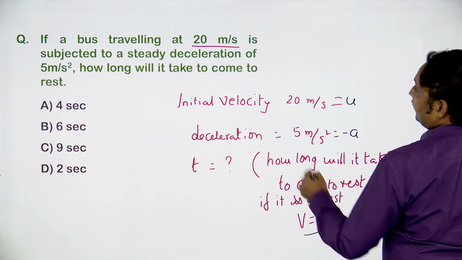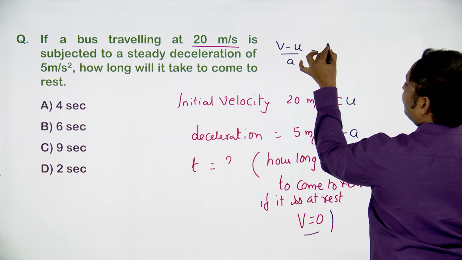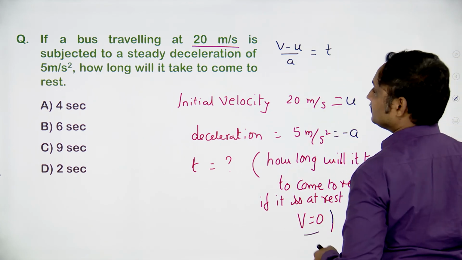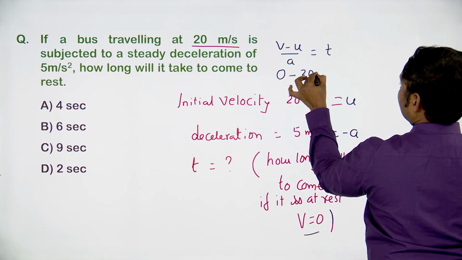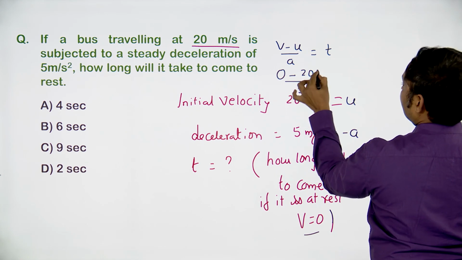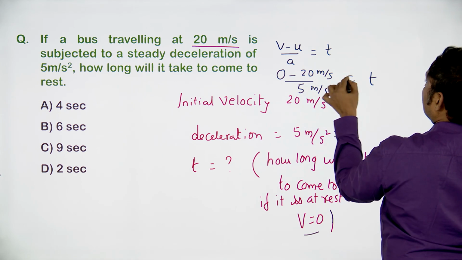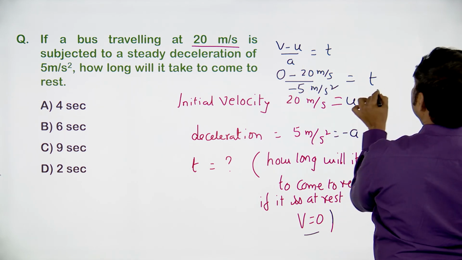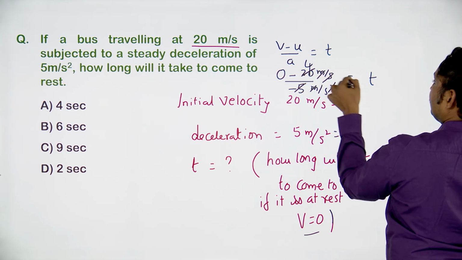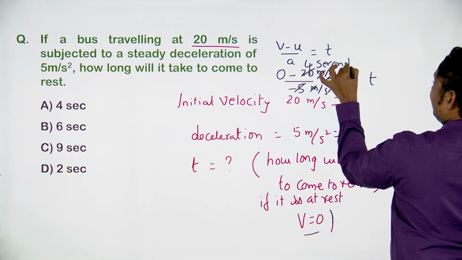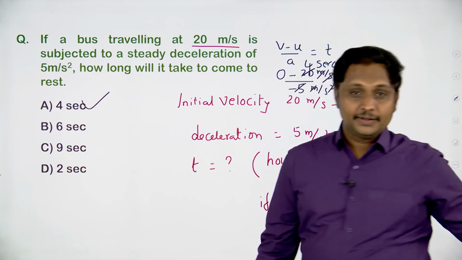This is going to be V. So you have to apply V minus U by A is equal to T. You can easily find 0 minus 20 by minus 5 meter per second square is equal to T. You will get the minus, so you can cancel and get that it's going to be 4 seconds. Very easily you will solve the problem. Yes, this is the answer we will get.